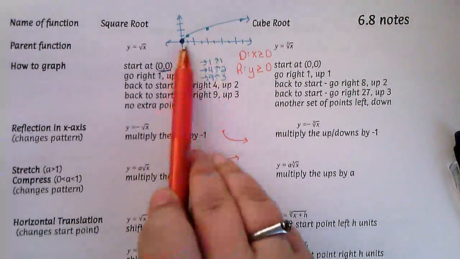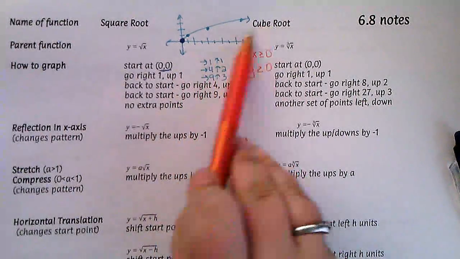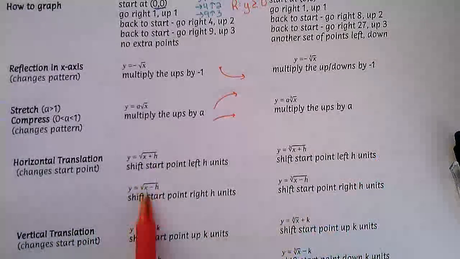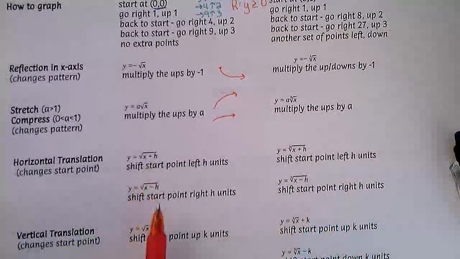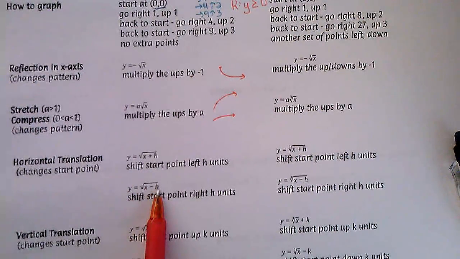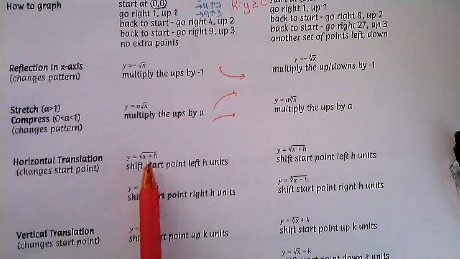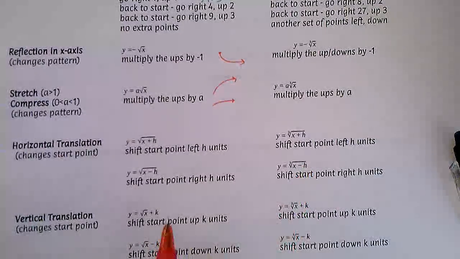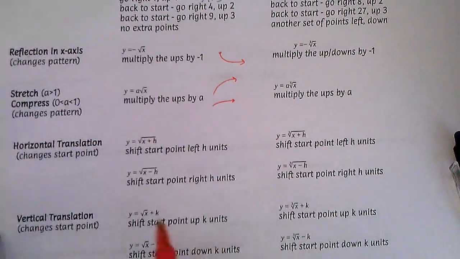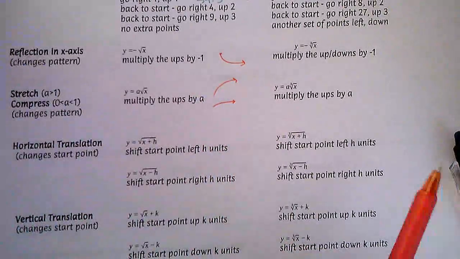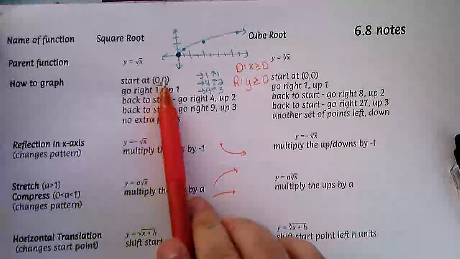If we moved it here, then we just have our eyebrow starting here. Right and left, remember, are inside the parentheses. Plus is left, minus is right. So inside the parentheses, in this case under the radical, is your right and left. And outside the radical moves us up and down. So vertical is outside the radical, horizontal is inside, and those things change your start point, this 0, 0.